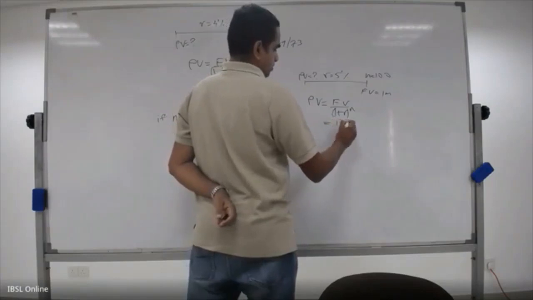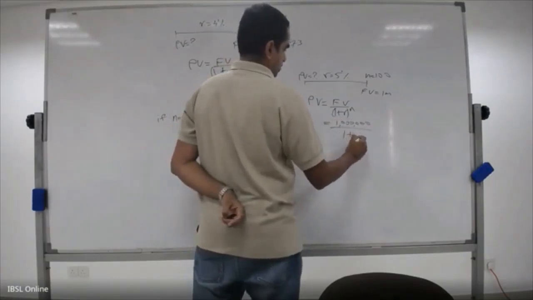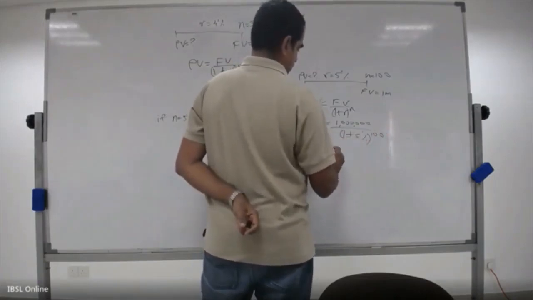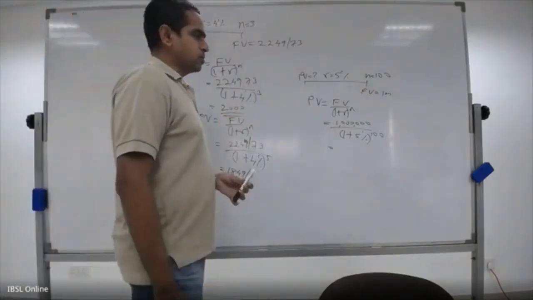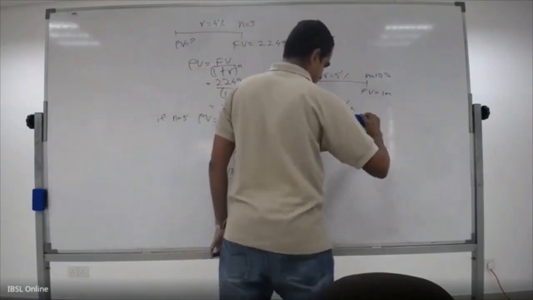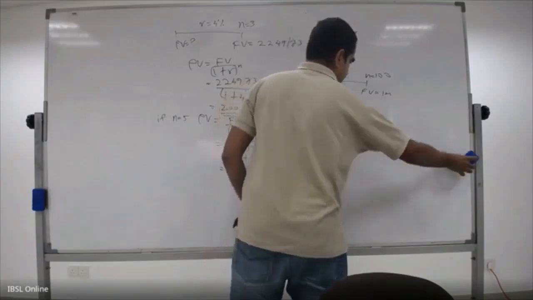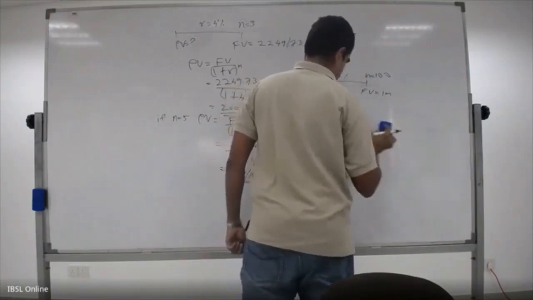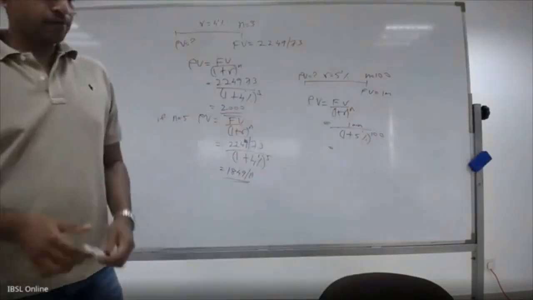Future value 1 million divided by 1 plus this 5% to the power 100. Now, one more thing you could do is at the exam, all the figures are in millions. You don't have to write this. No point writing lots of zeros. You can just say 1 million over 1 plus 5% to the power 100.